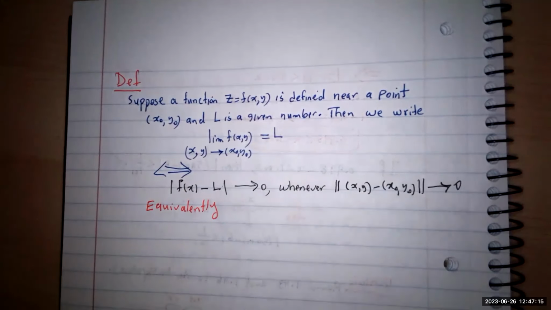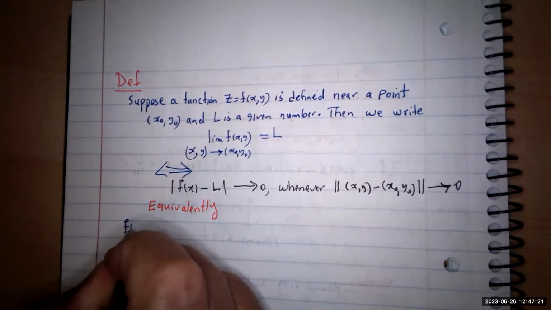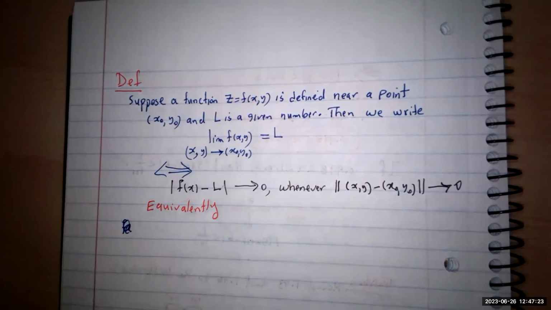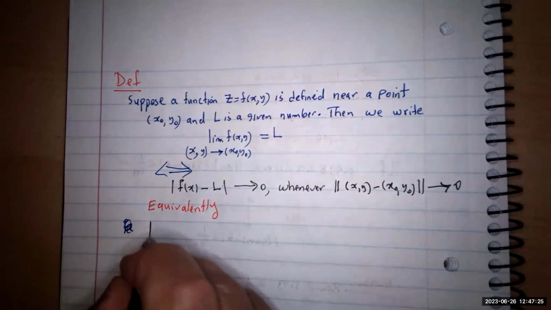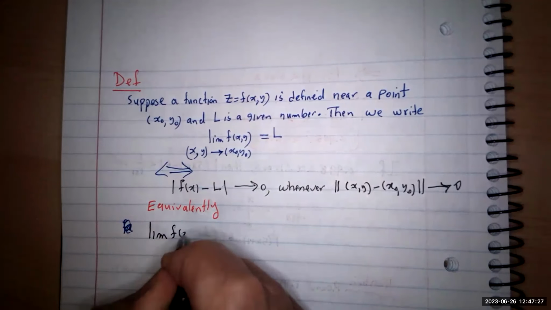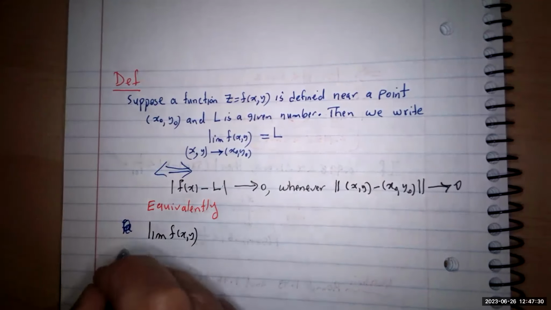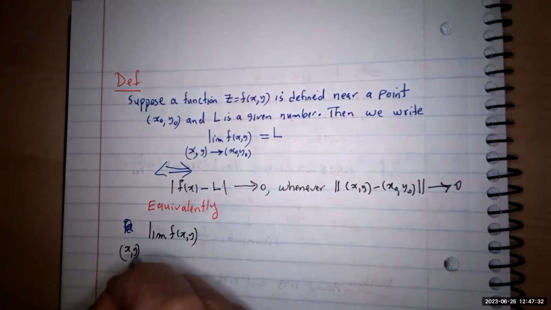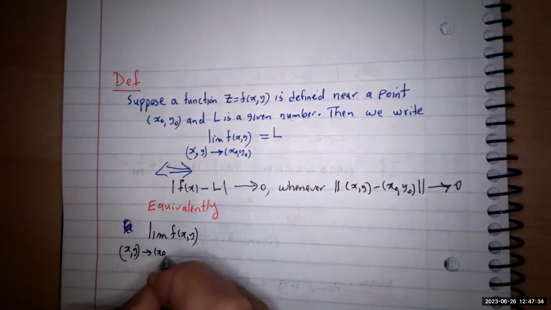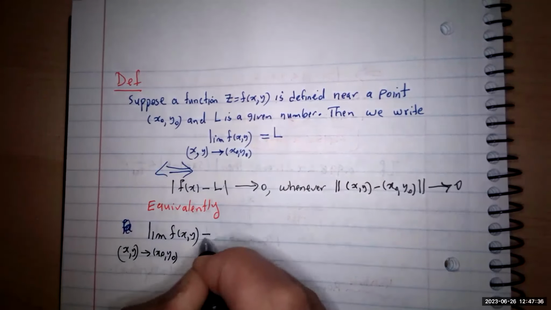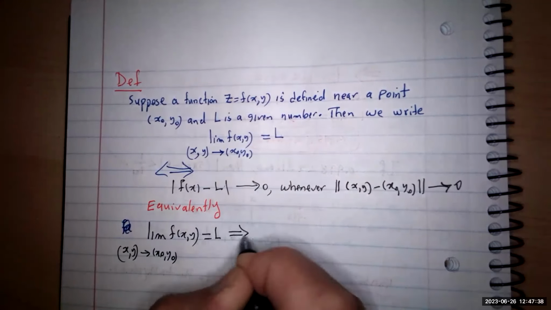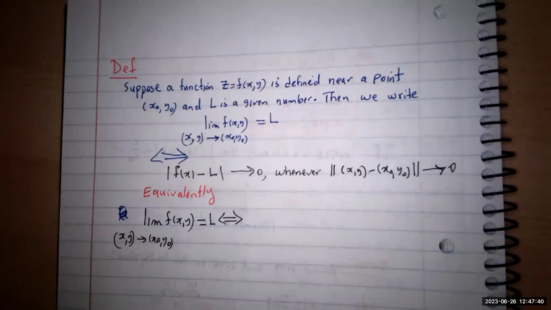Now the epsilon-delta form, equivalently, this is going to be the case. Again, now more precise. The limit of f of x, y as the point (x, y) gets closer and closer to (x0, y0) is equal to L, again, if and only if those estimates hold.